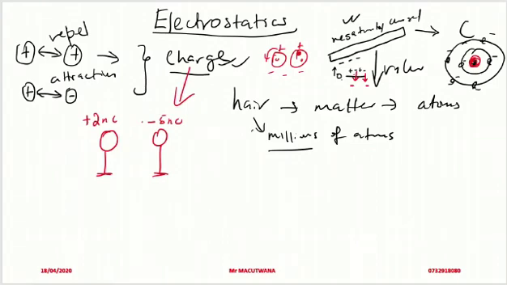Remember, these are just charges. They are not vectors, so the negative does not show direction here. It tells you the nature of the charge. So it means this one is negatively charged. Negative means there are more electrons than protons.